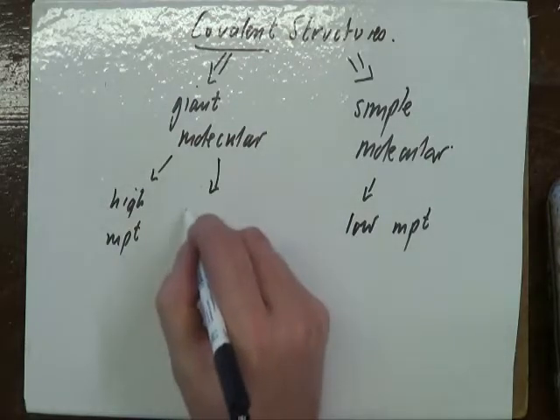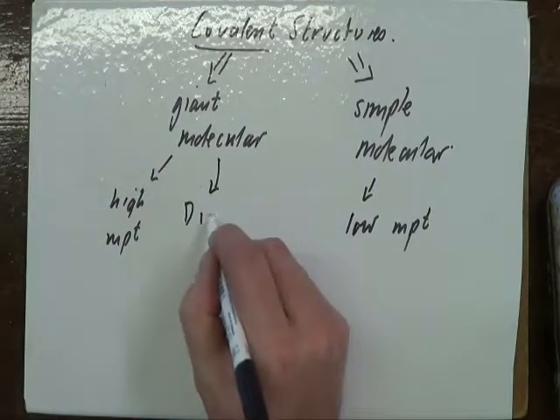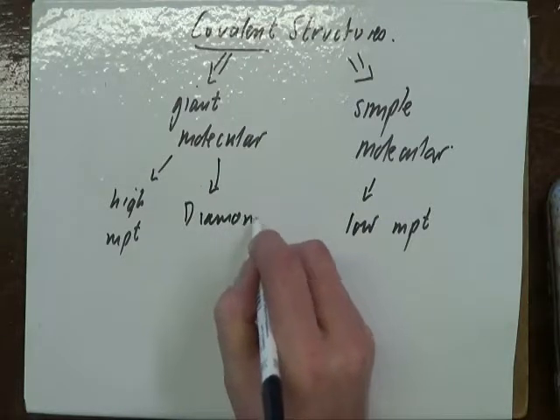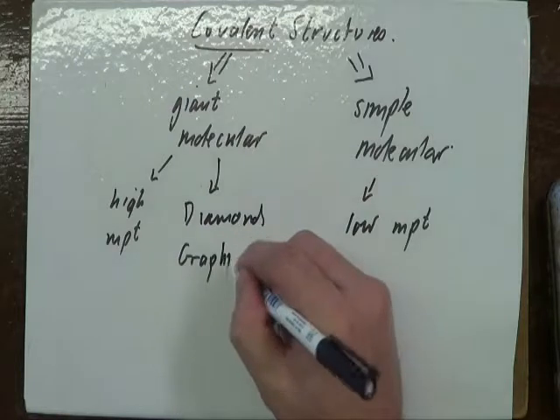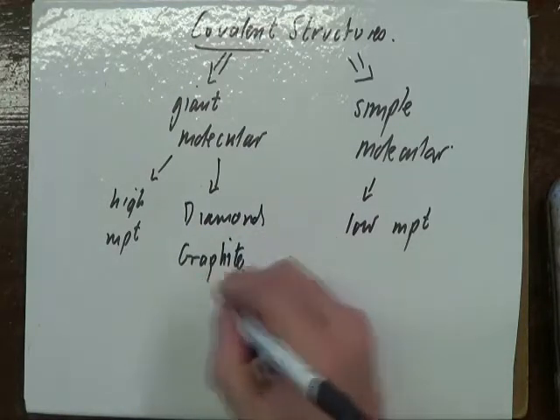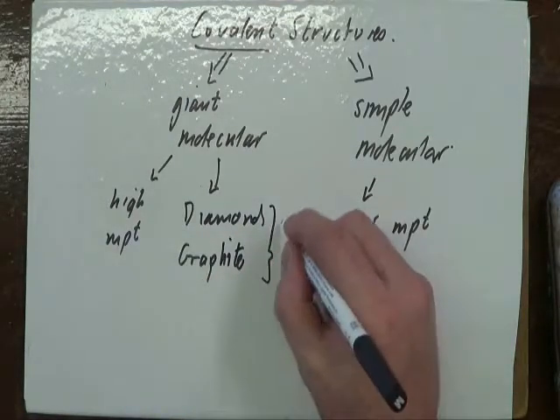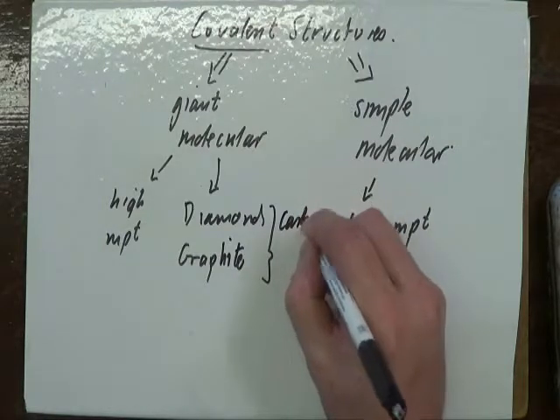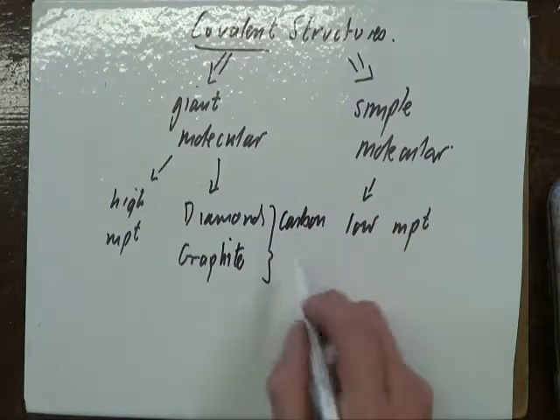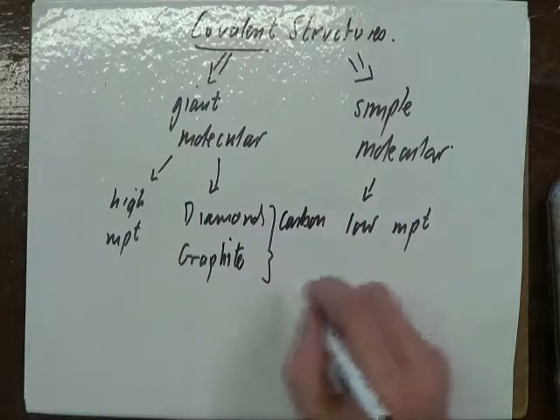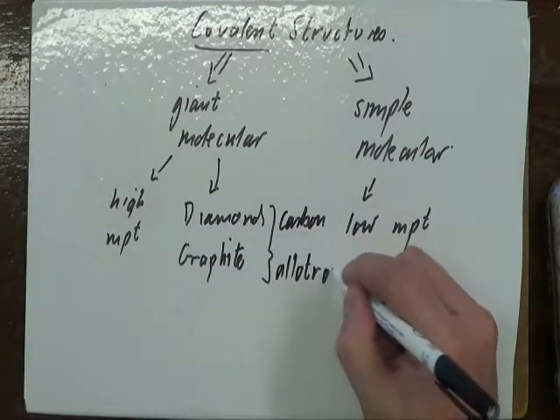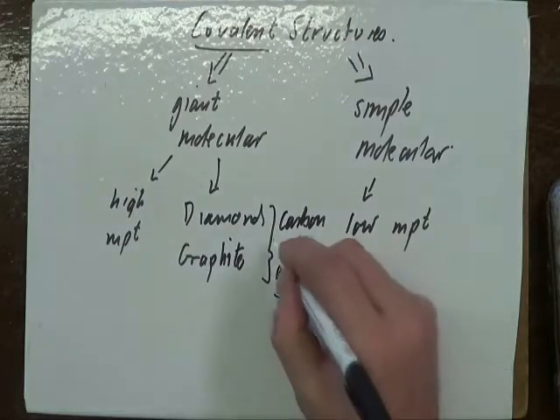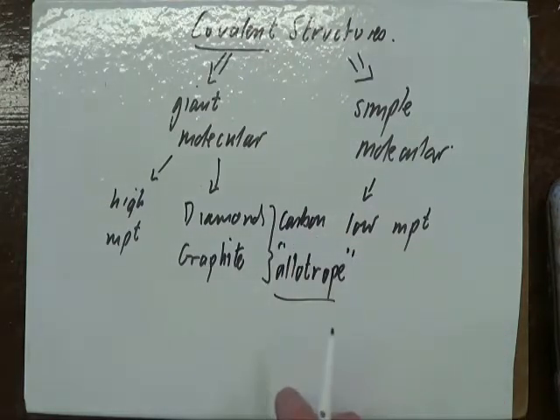Giant molecular substances then that you need to be familiar with are diamond, graphite. Those are both made up of carbon. Okay, the carbon is just arranged differently in each of those, and they are referred to as allotropes of carbon. So that's a word that you need to be familiar with.